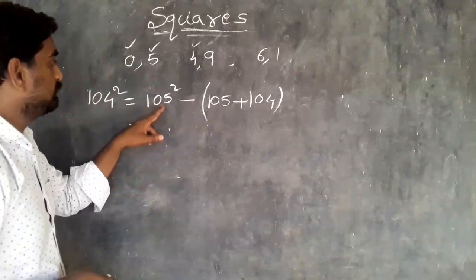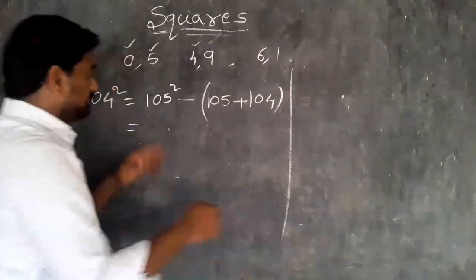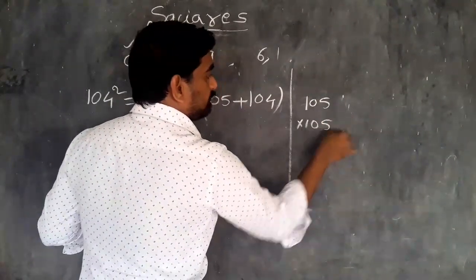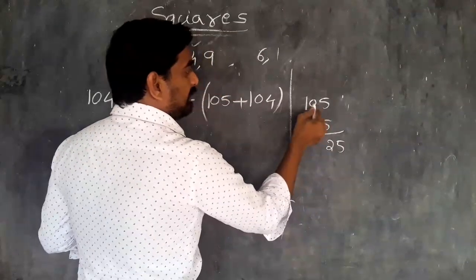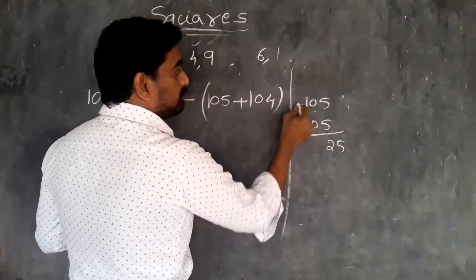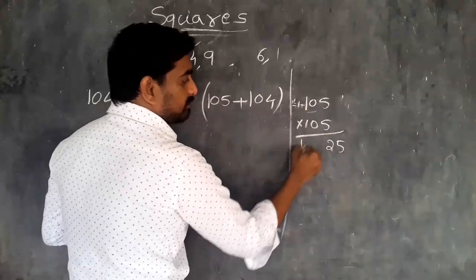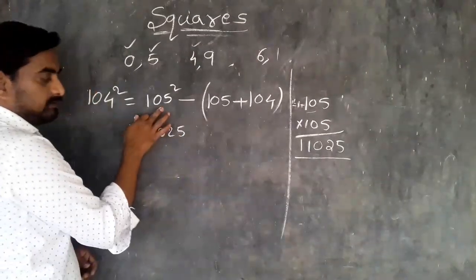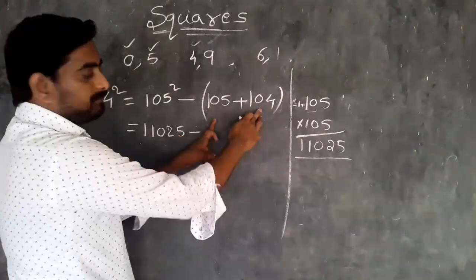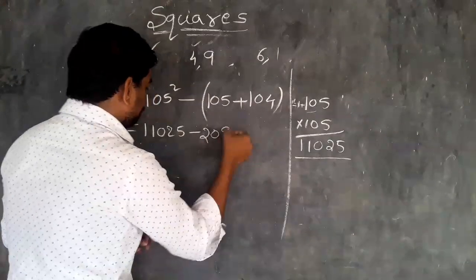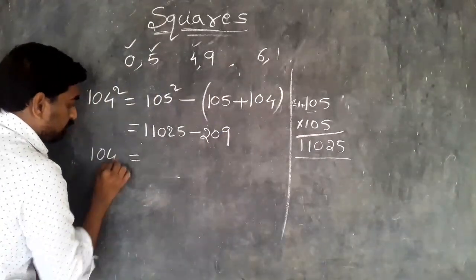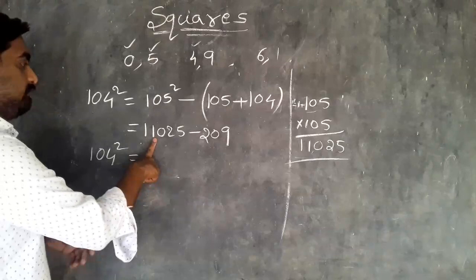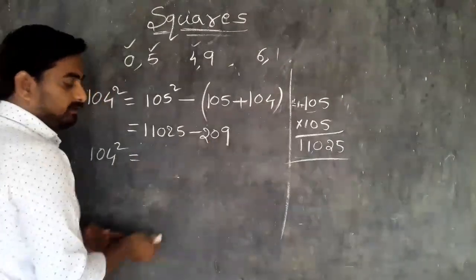Same technique, friends, we find the 5 ending number square. 105 into 105: 5 5s are 25, add 1 to the 10, so we got 11, and 11 times 10 is 110. So the answer is 11025, minus both added, we got 209. So the final answer for 104 square, we subtract from 11025 the 209. We got.